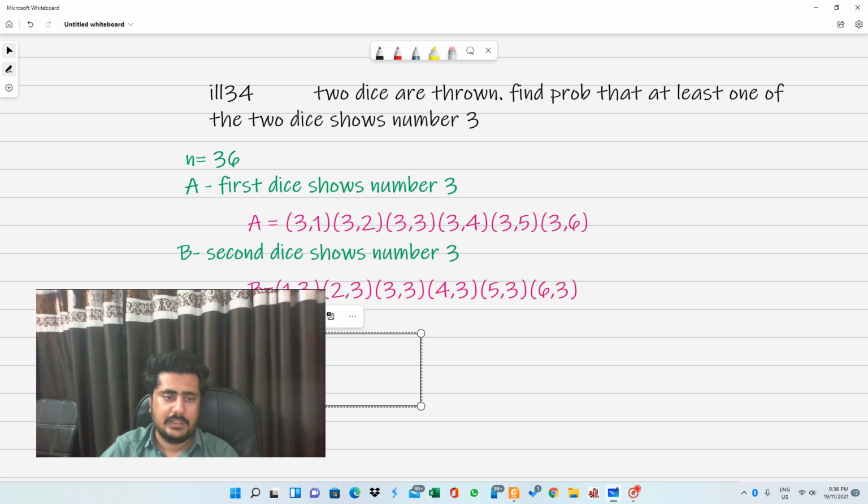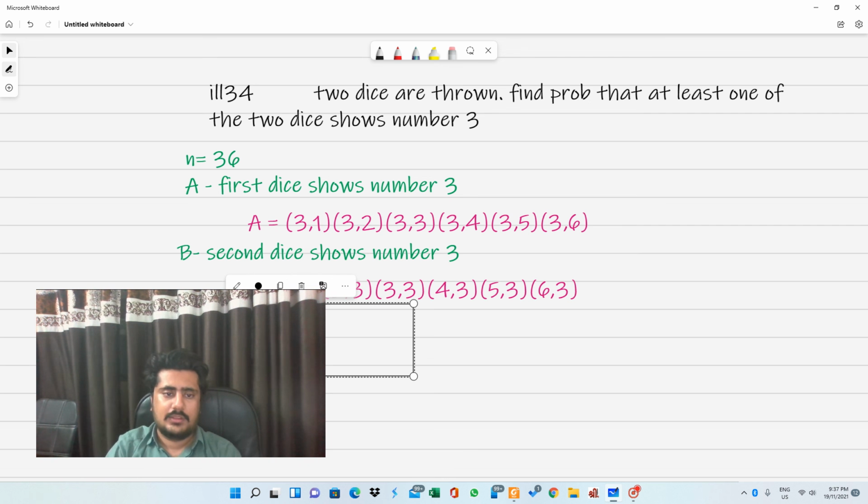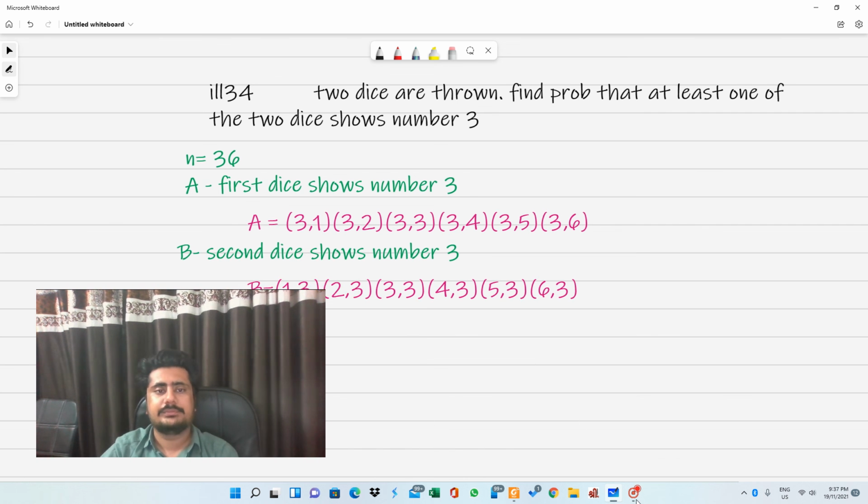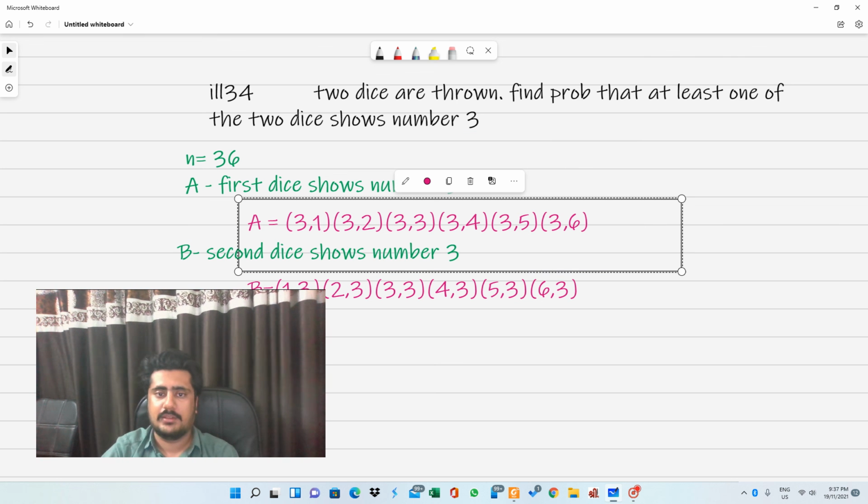Now I have to find the intersection, A intersection B. You can clearly see that the intersection is 3 3. Okay. Now I have to write the probabilities here.